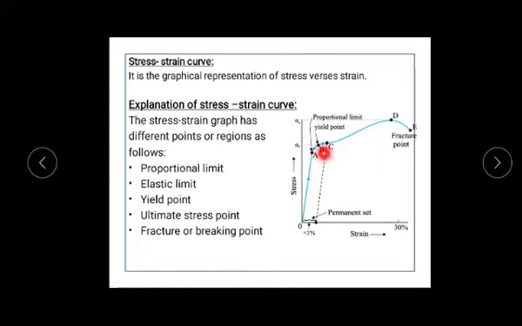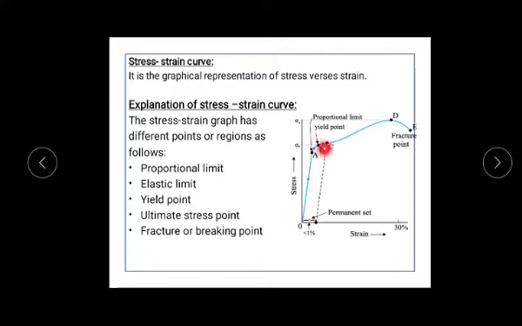So this O to A represents that Hooke's law is obeyed at this part, so the material behaves as elastic body, means it regains its original shape and size after the removal of deforming force.